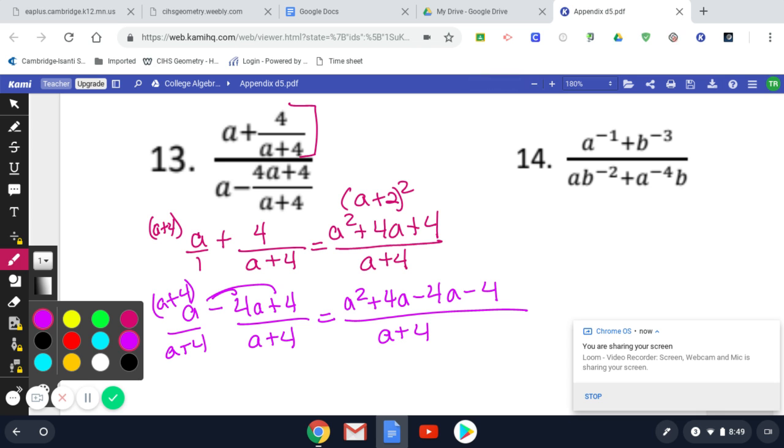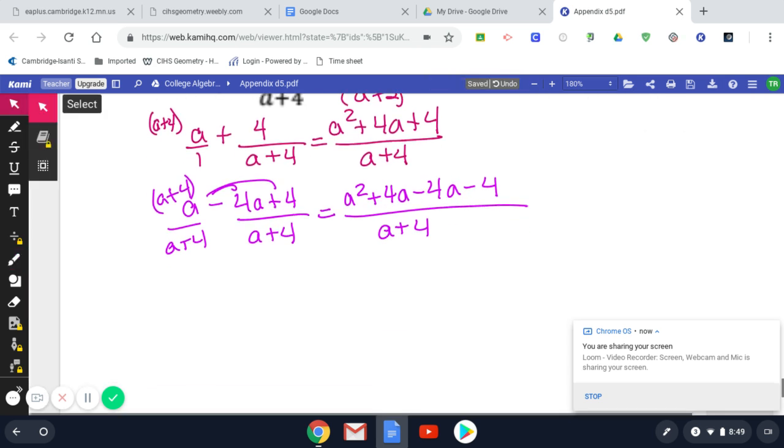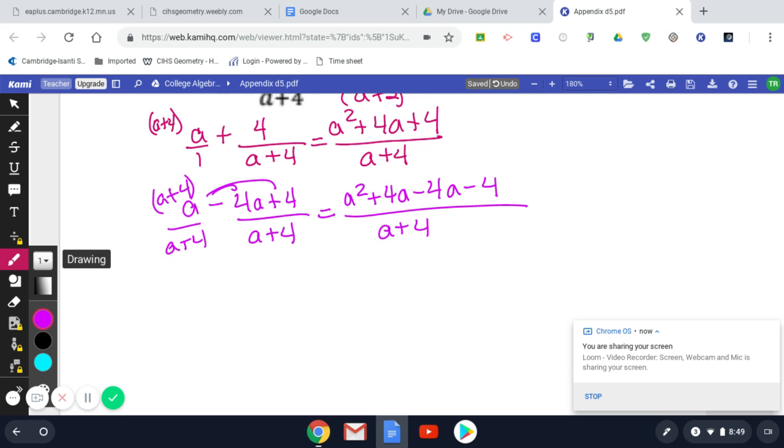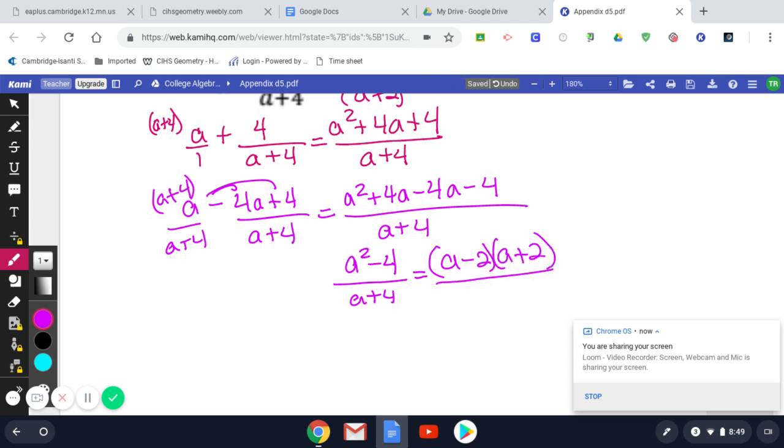So then this is going to provide me with a squared minus 4 over a plus 4, which is the same as a minus 2 times a plus 2 over a plus 4.